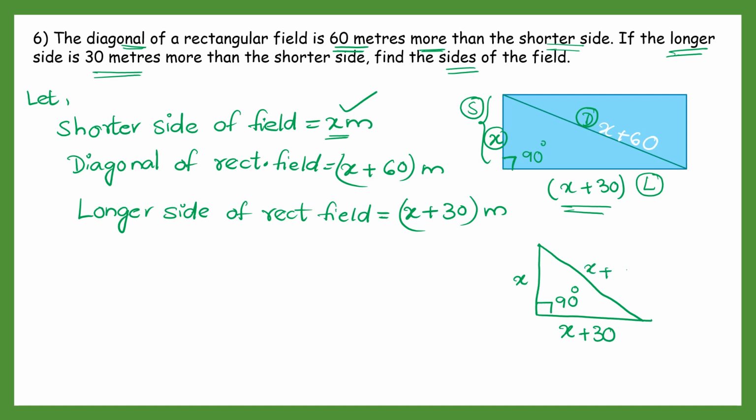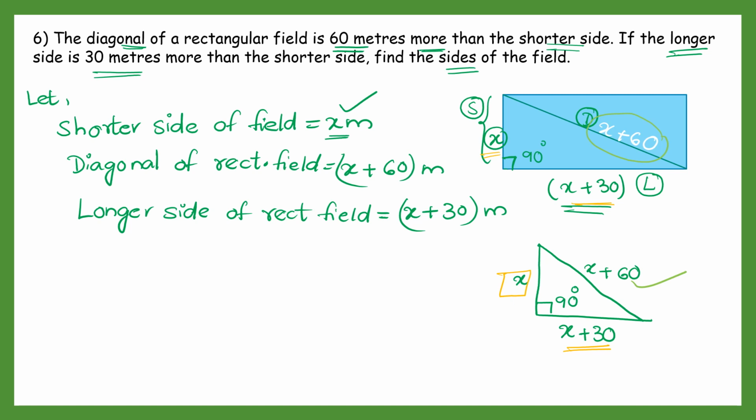Diagonal of the rectangle will become the hypotenuse. Length of the rectangle will become the adjacent side of the right angle triangle. And breadth of the rectangle, that is shorter side, will become the opposite side of the right angle triangle.